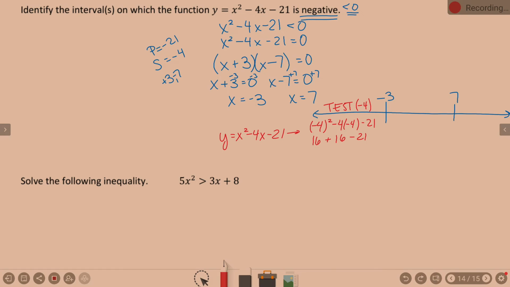And here's what I'll tell you. I don't even have to know what that really equals. I just have to know, does it equal a positive or a negative? 16 plus 16 is 32, and 32 minus 21, I know that's a positive. 32 minus 21 is going to be 11. What do we know about 11? Positive. It is positive.